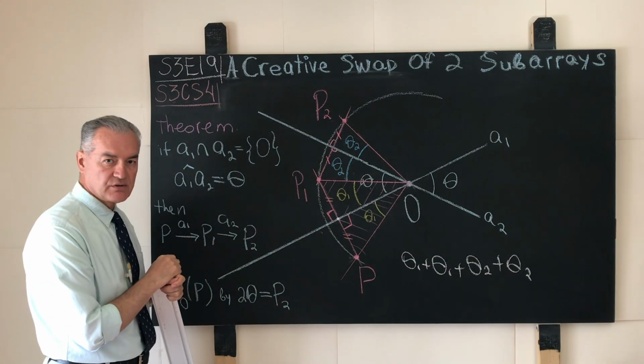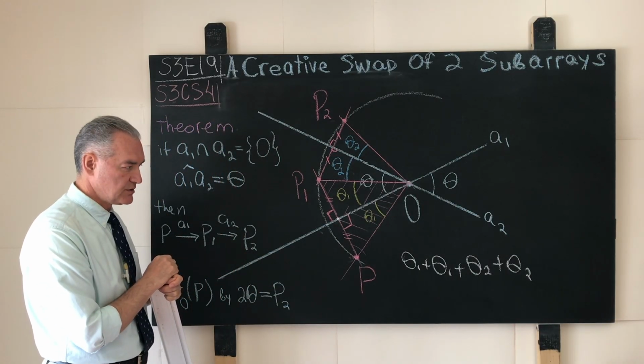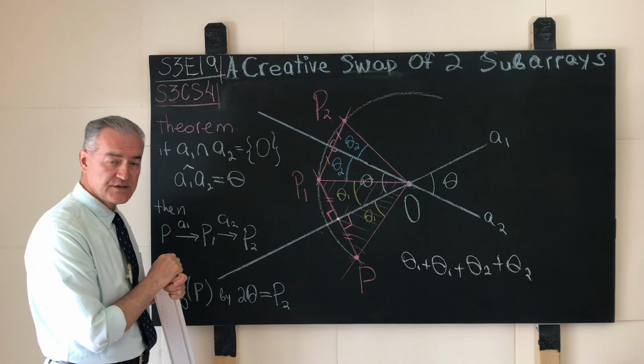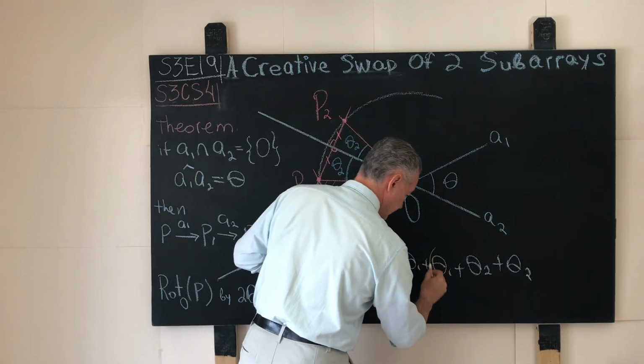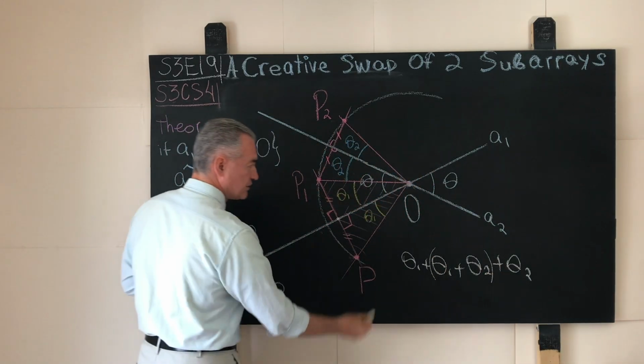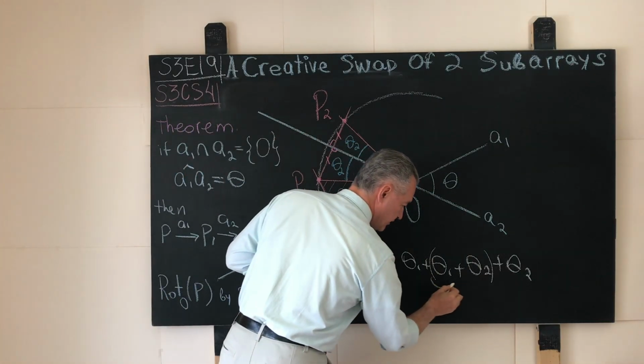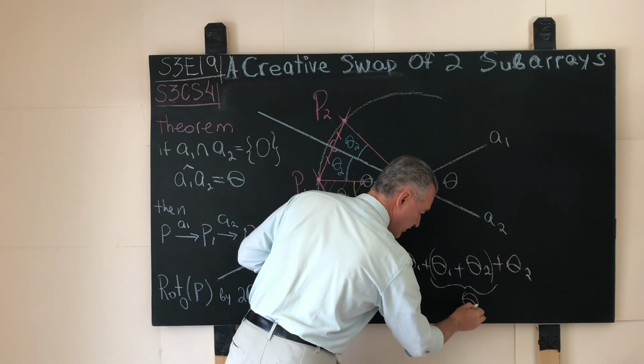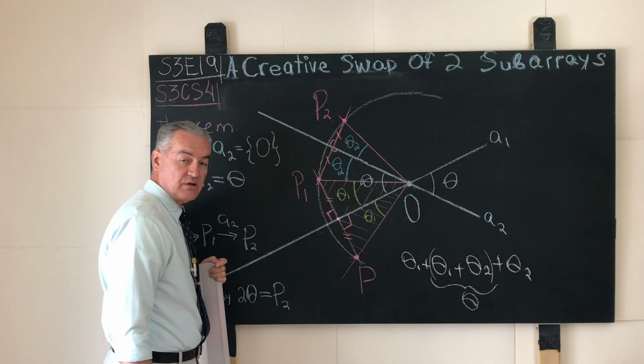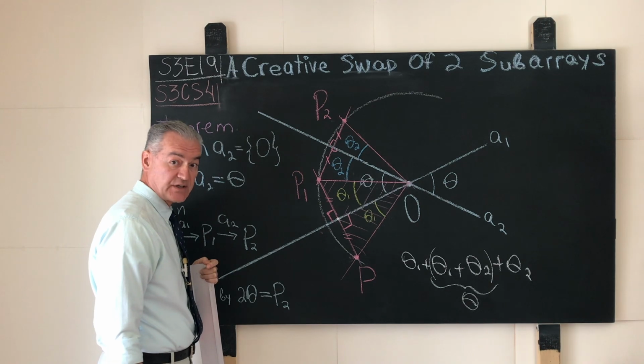These are real numbers. Real numbers commute under addition. So we can partition this like this. And what is theta 1 plus theta 2 in this case? Well, this sum is the angle theta, the angle between the intersecting straight lines.